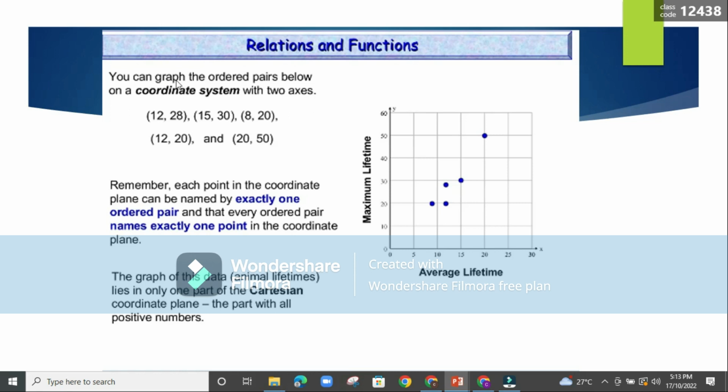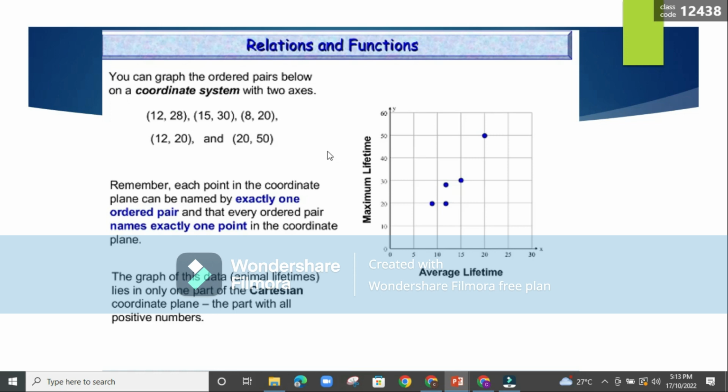You can graph the ordered pairs on a coordinate system with two axes. Considering this is your y-axis and this is your x-axis, the maximum lifetime will be on the y-axis and the average lifetime will be on the x-axis.